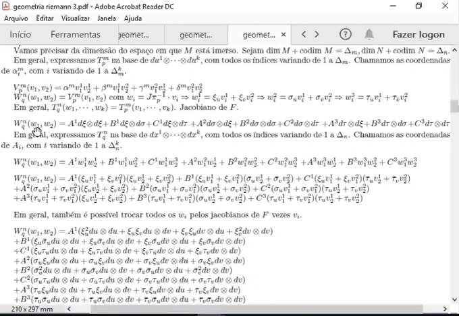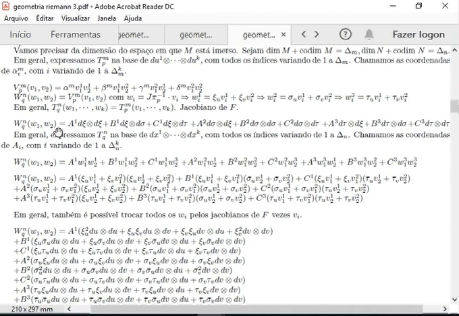Double Q N at w1, w2 equals A1 dxi dxi plus B1 dxi d sigma, and it goes on: C1, A2, B2, C2, A3, B3, C3.